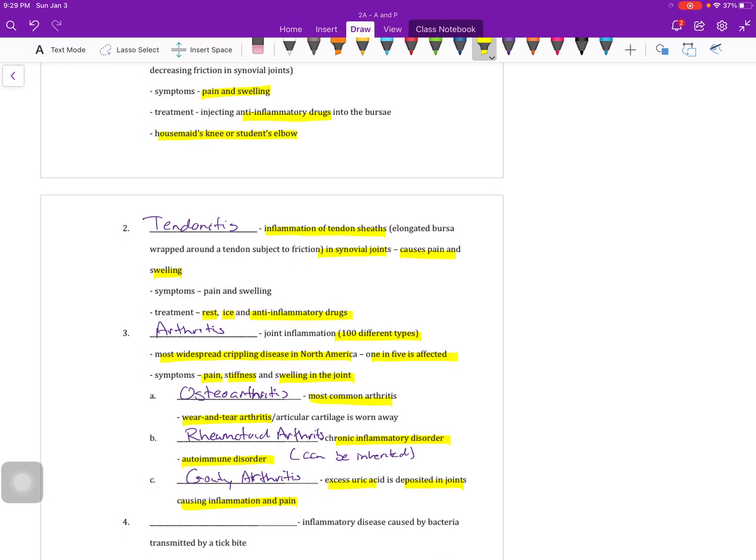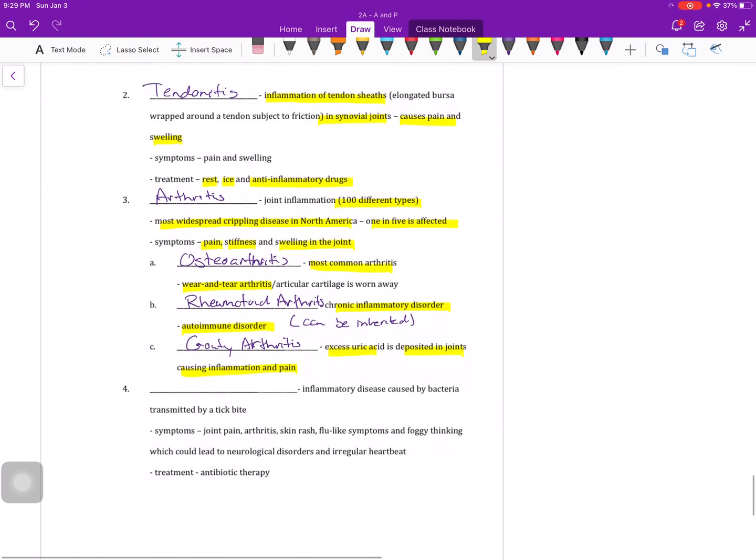And then the next one after this, guys, is going to be Lyme disease. You're familiar with this because it is a tick-borne disease. It's caused by bacteria transmitted through the tick bite. You get joint pain, arthritis, skin rash, flu-like symptoms, foggy thinking, leading to neurological disorders, irregular heartbeat.